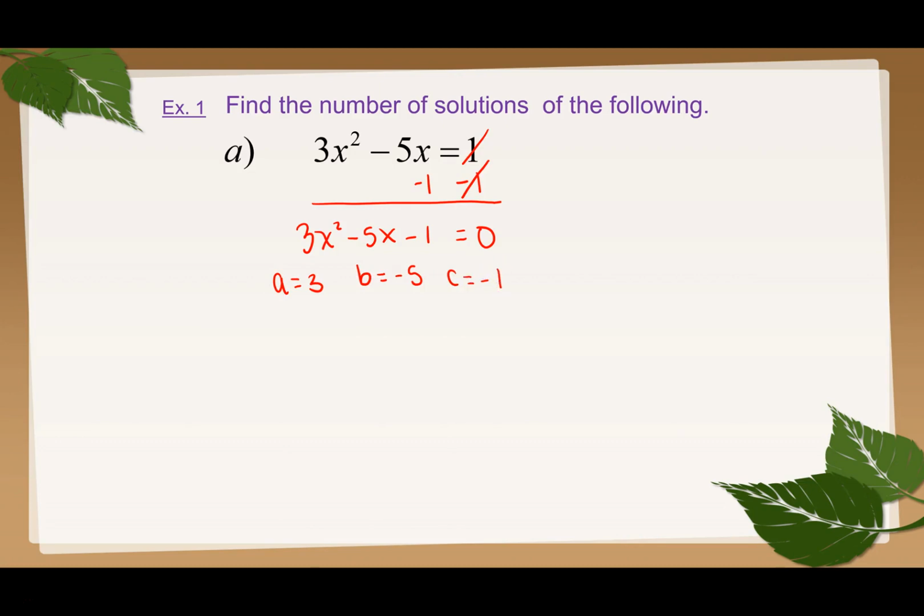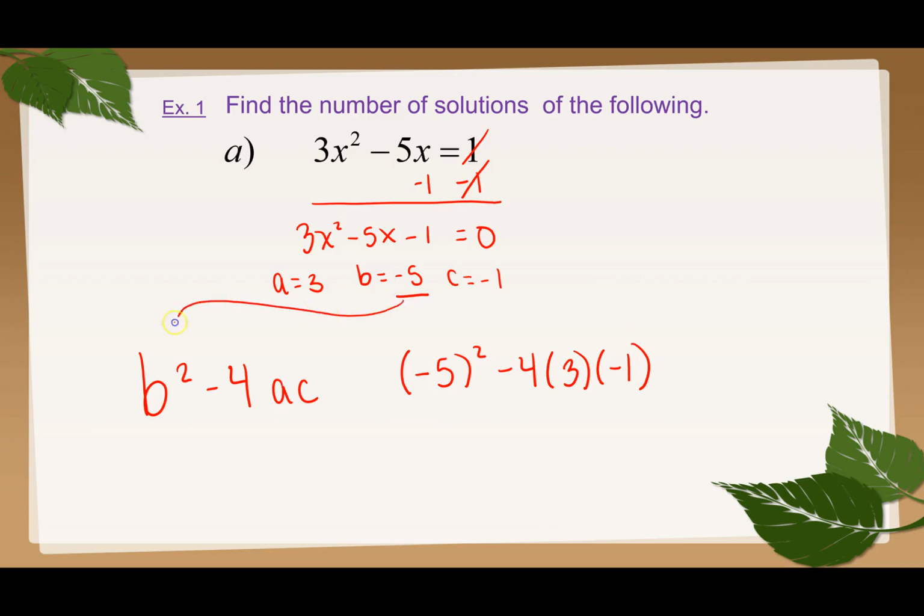And now let's go ahead and calculate the discriminant. That's b squared minus 4ac. Please remember your parentheses. So this is going to be (-5) squared, because that's my b, minus 4 times (3) times (-1). Please always get in the habit of putting parentheses when you substitute a value in.